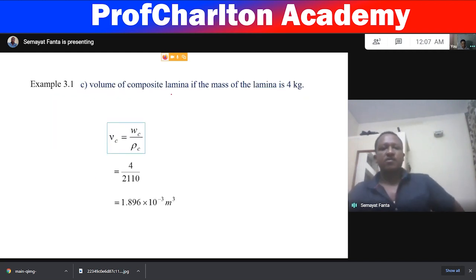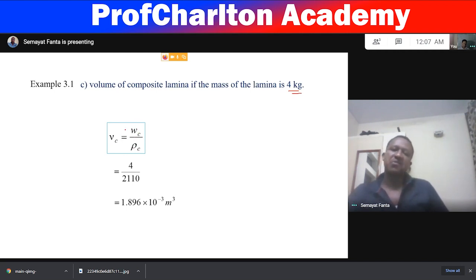The next, the volume of composite when mass is given. We already calculated the density of composite. So the volume of composite is equal to the weight of composite over density.